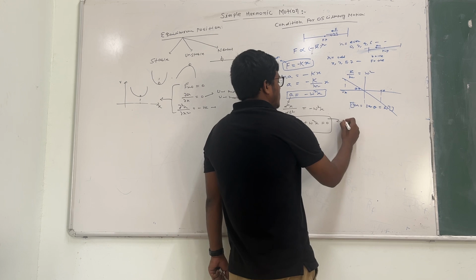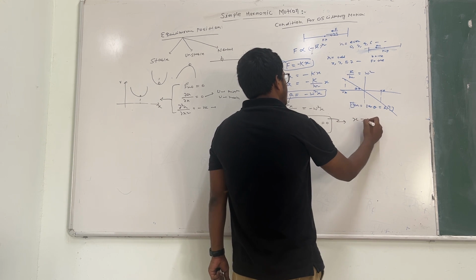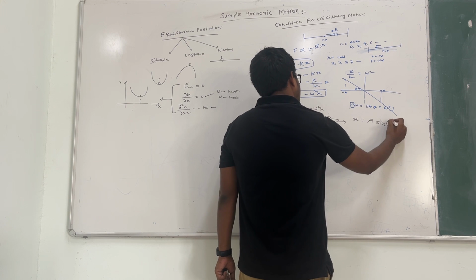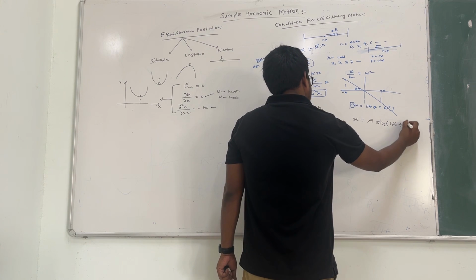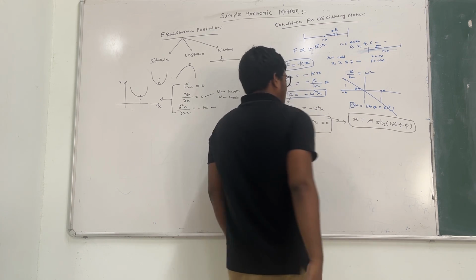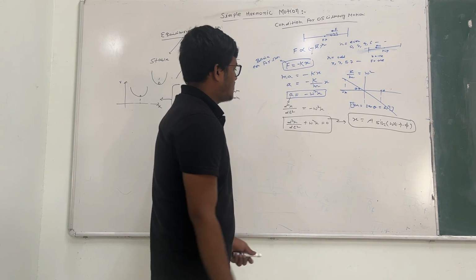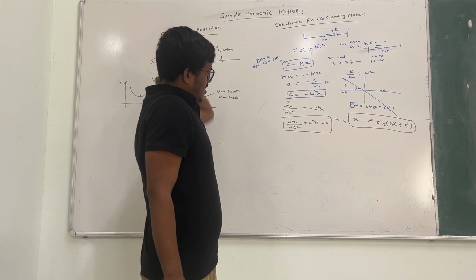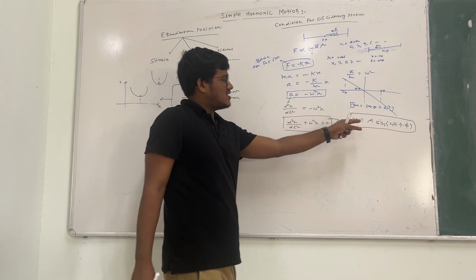If you solve this, we are going to get x equal to something like a sine of omega t plus phi. This is the solution of this equation. We have to remember this. I am going to solve it using some concept. So one of the most important things: this is the position as a function of time that we will calculate.